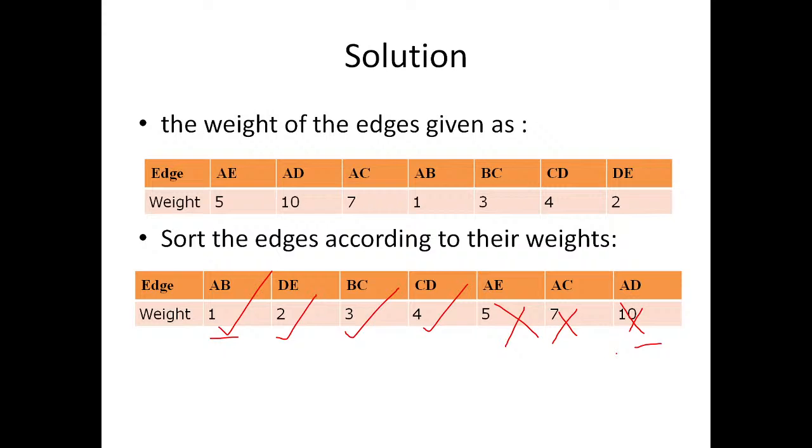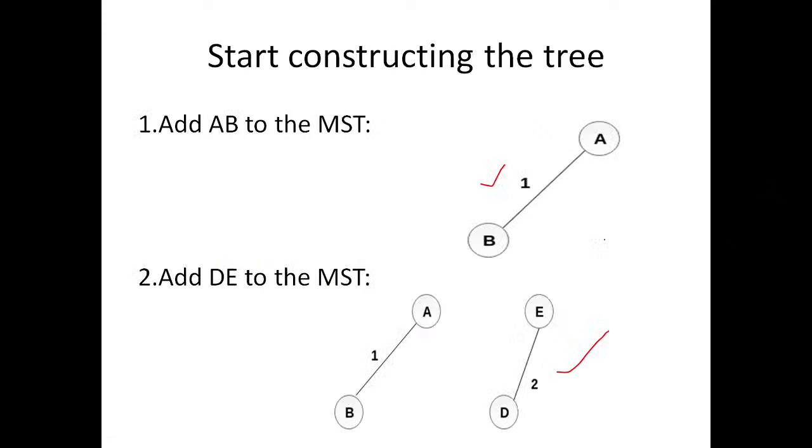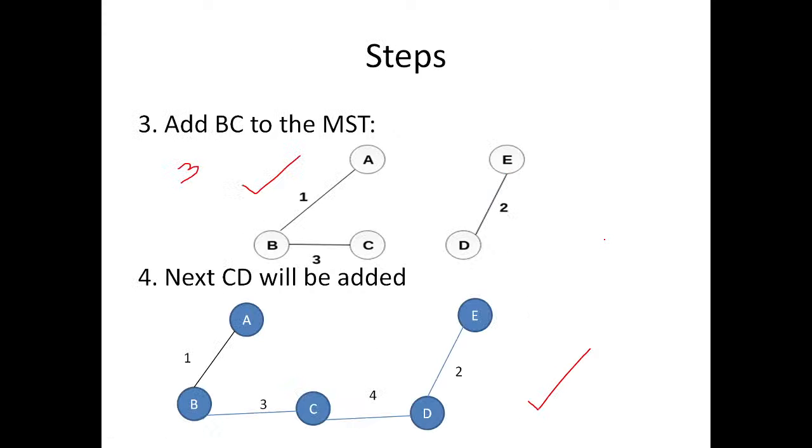Next, one by one, we will consider all the edges which are not creating any cycle. First one is AB, added in the minimal spanning tree. Second one was DE with edge weight 2, considered as it is not creating any cycle. Third one was BC with edge weight 3, not creating any cycle.